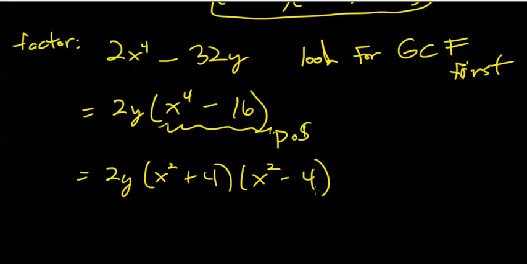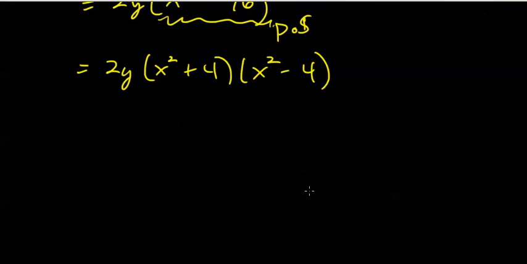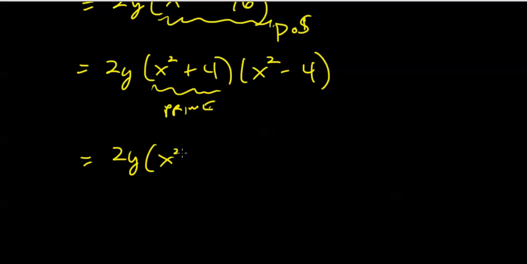Alright, so far I've got 2y times x squared plus 4 times x squared minus 4. Well, I think you see where we're headed here. X squared plus 4 is a sum of squares, always prime. Can't be reduced. So I'm going to carry those two factors down to my final response.